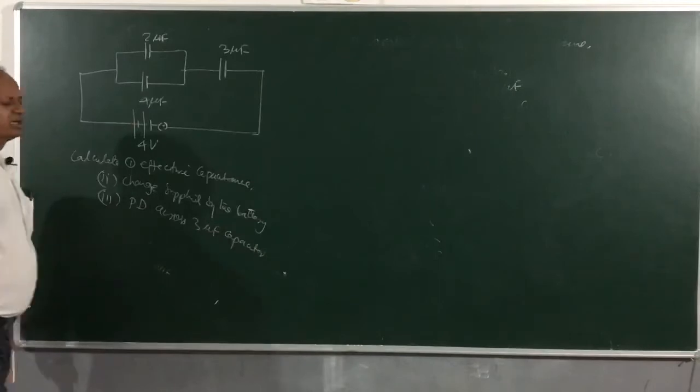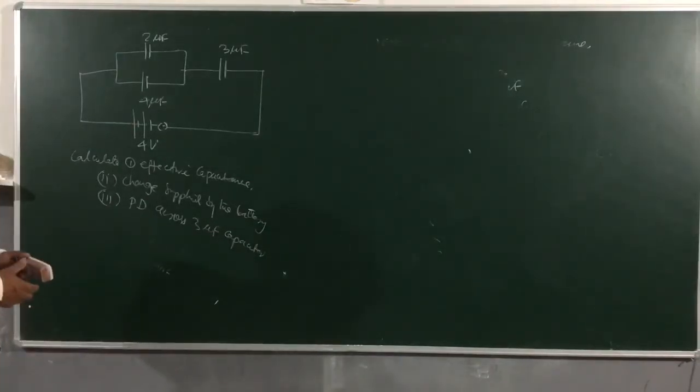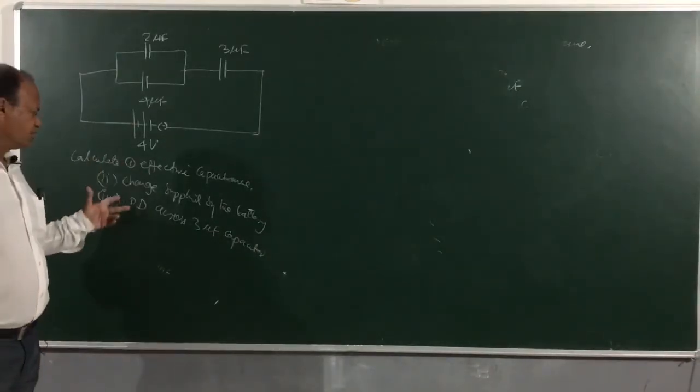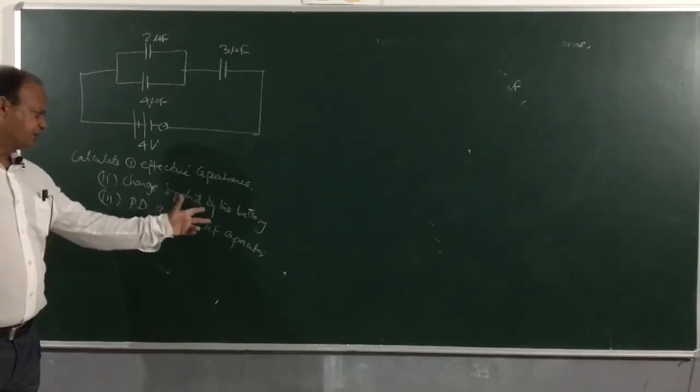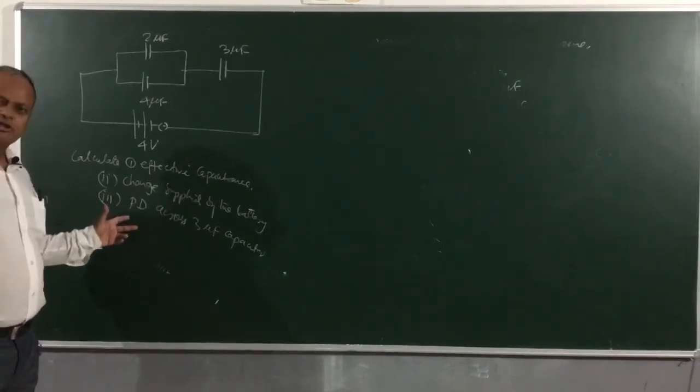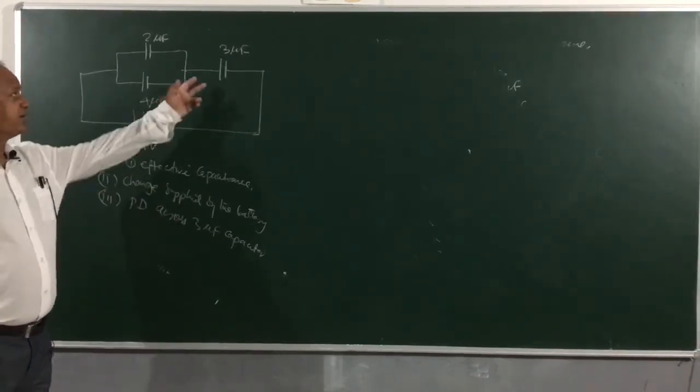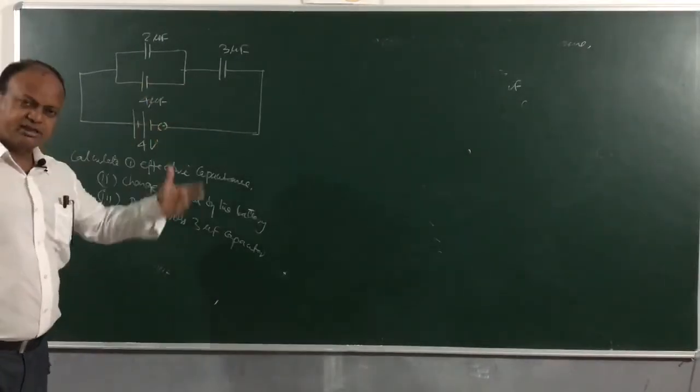Suppose this is a typical problem, easy problem, when you try to find effective capacitance and then charge supplied by the battery and PD across 3 microfarad capacitor, right? So let's get started with it.